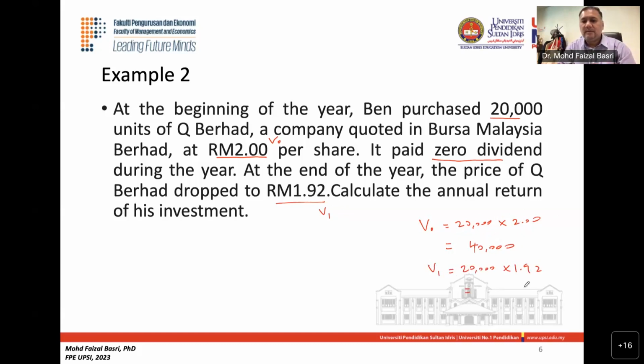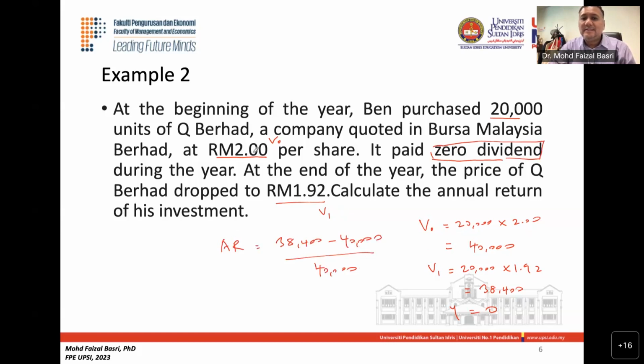So if you grab your calculator, you get 38,400. Why is the income zero in this case? Because zero dividend. So therefore, to find the annual return, take 38,400 minus 40,000, and we divide by 40,000.